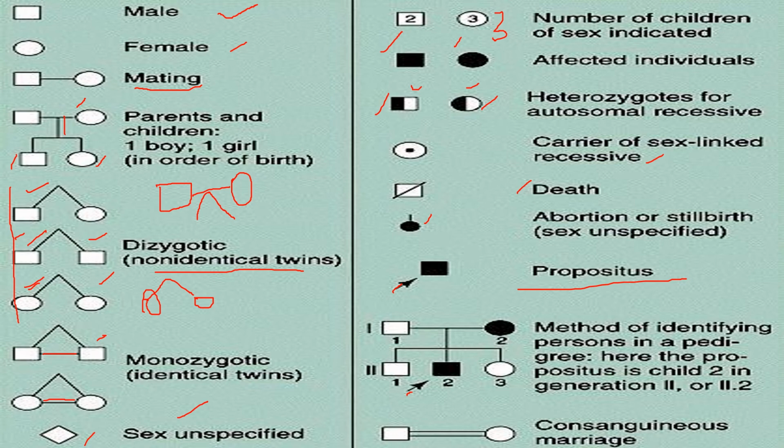What is this propositus? The initial subject presenting a mental or physical disorder who causes the study of his or her heredity in order to determine if other members of the family have had the same disease or carry it.